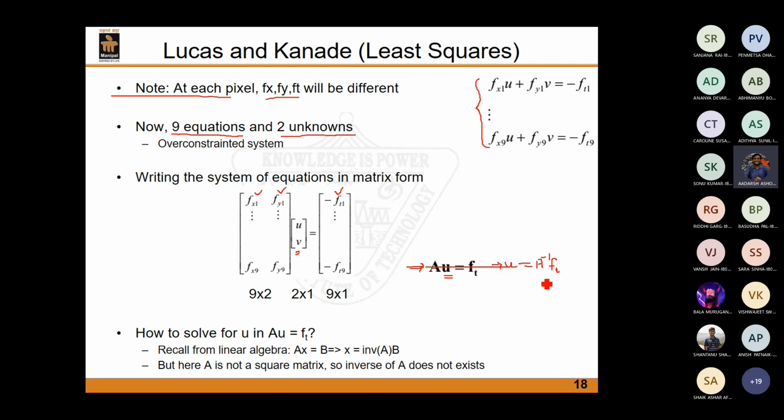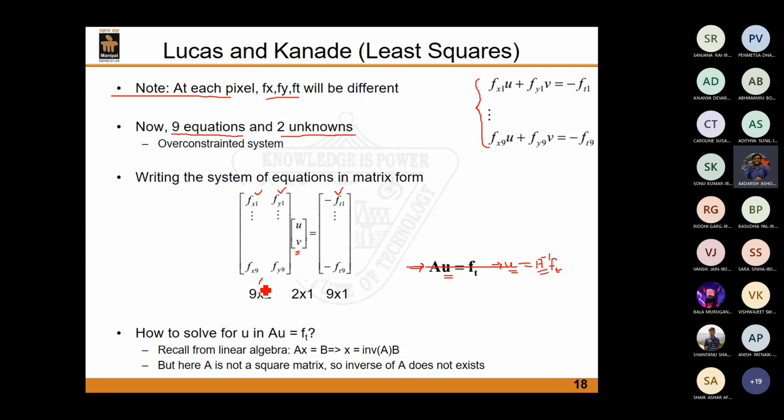So if I can just calculate A inverse and then multiply that by ft, I can find out the value of u. But the problem over here is when I'm trying to calculate A inverse.